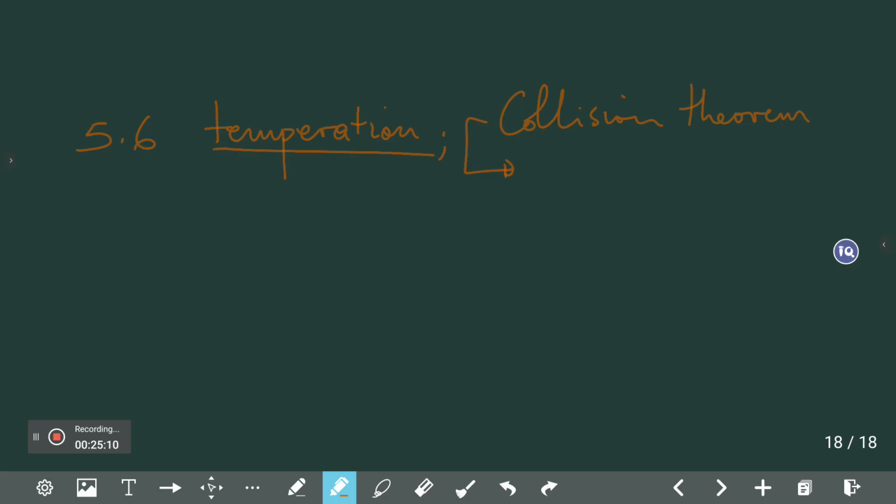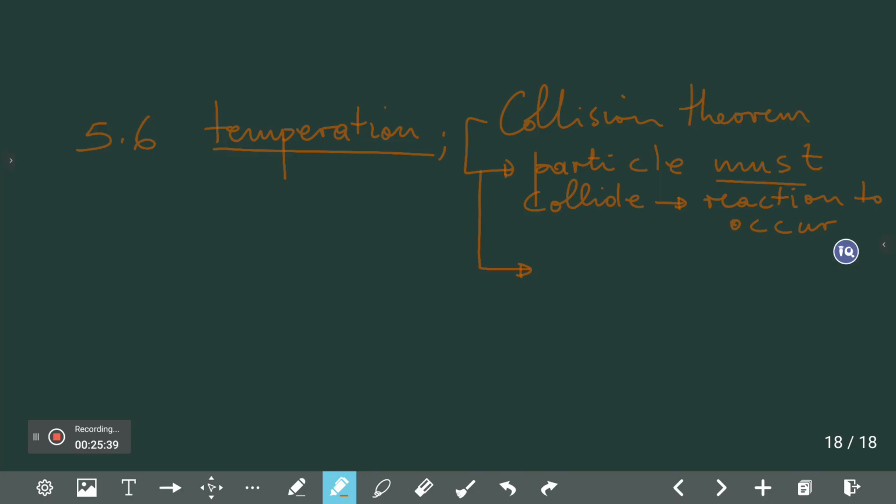What else must happen? These particles must collide with sufficient energy and the right orientation. When we talk of sufficient energy, we mean energy that is going to be bigger than the activation energy.